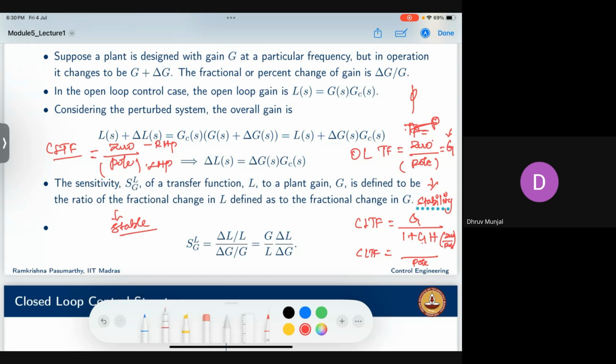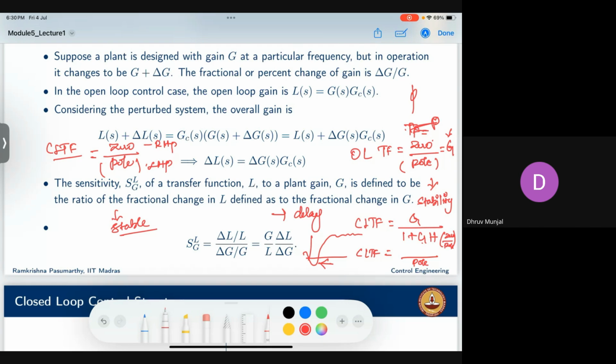But if your system is stable, but your zero is in the right half of the S-plane, it may increase the delay in your system. For example, your response may look like this, even if it is a stable system. So this dip you are seeing here is because of the right hand zeros. It sometimes pulls down your system.